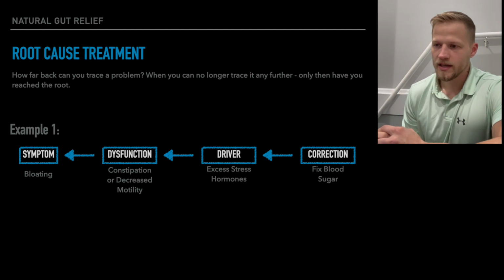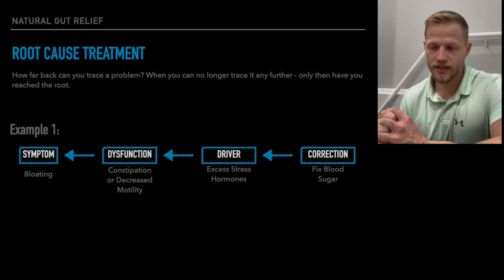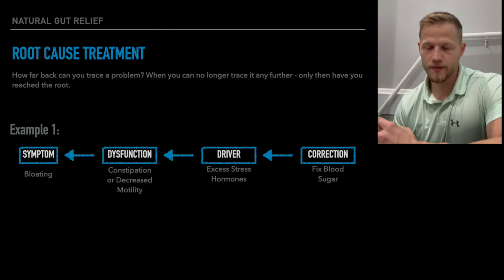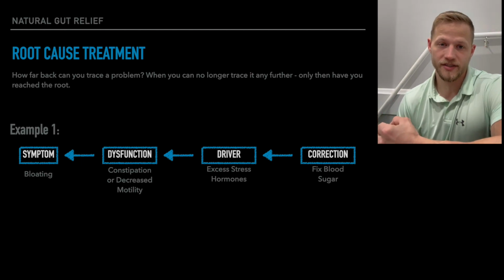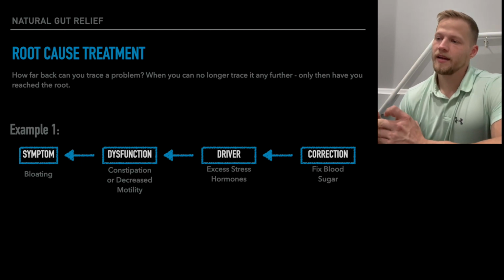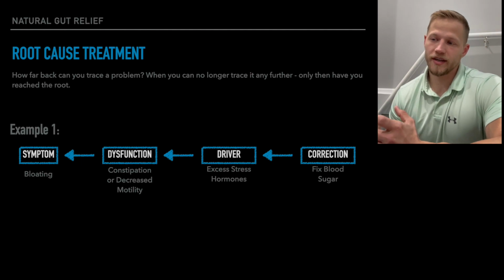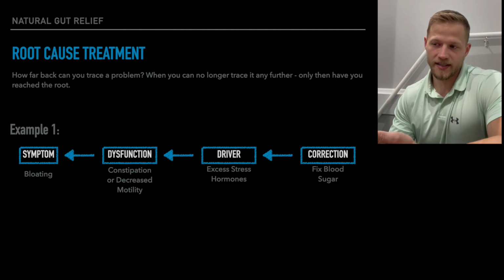Okay. Symptom, bloating. What's causing the bloating? In this particular example, some sort of dysfunction. There are three dysfunctions. We'll talk about all three. Decreased motility. That is constipation. So things aren't moving along the tract as fast as they should, and so they have more time to ferment.